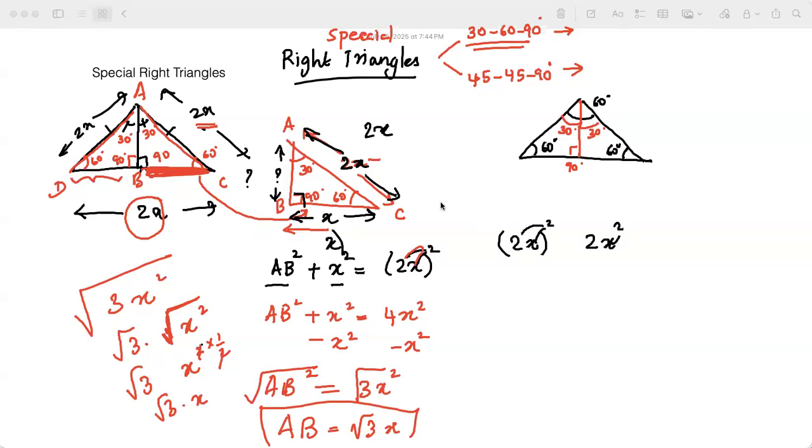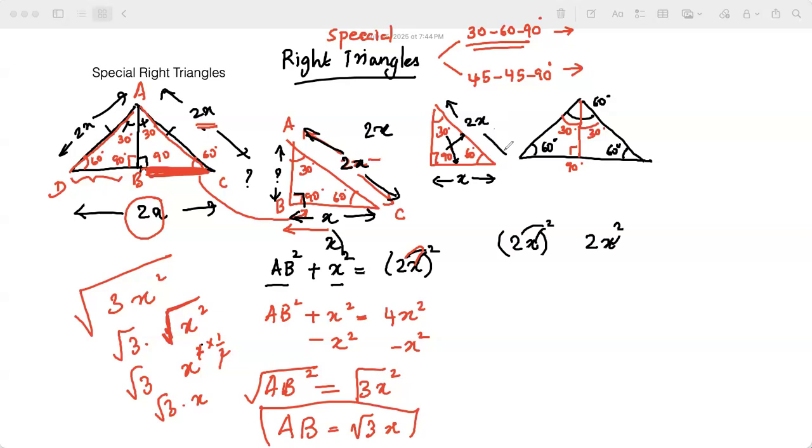Okay. So from here, whatever you're going to carry forward is this. In a 30, 60, 90 triangle, please see the angles and the sides. Here, we have the angles. So which is the longest side? The side opposite to the greatest angle. The largest angle is your largest side. The side opposite to the 30 degrees is your shortest side. Now, this is 1x.